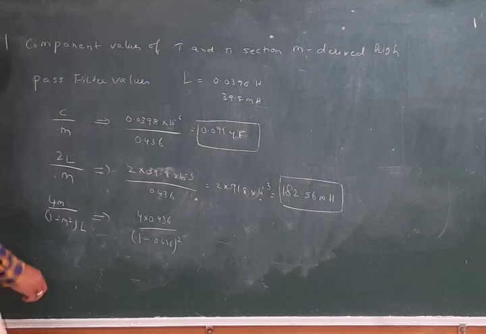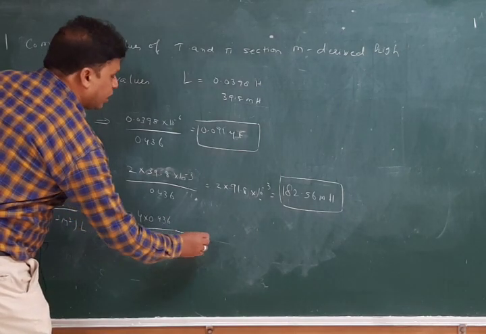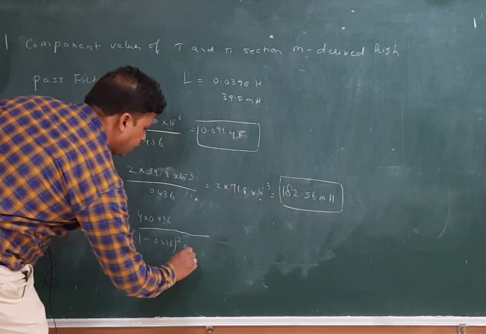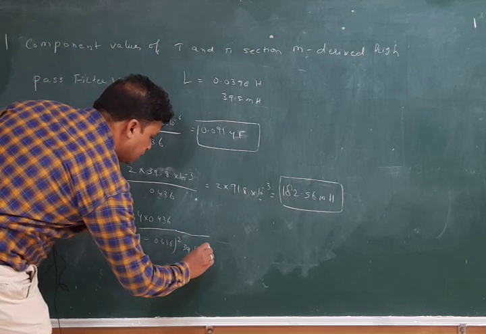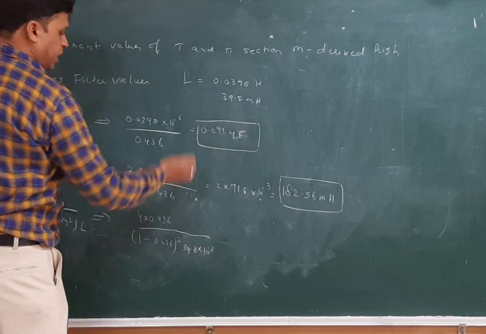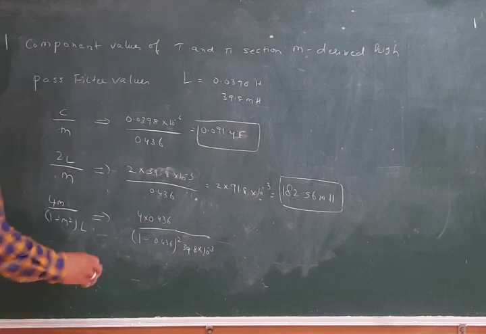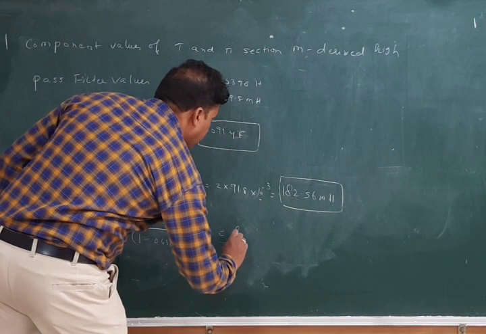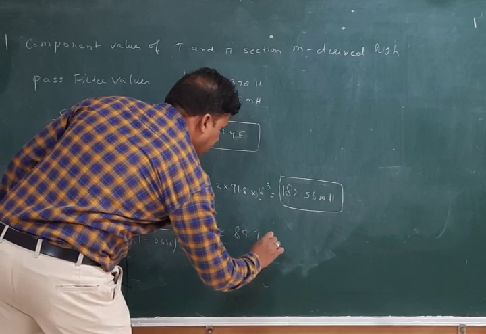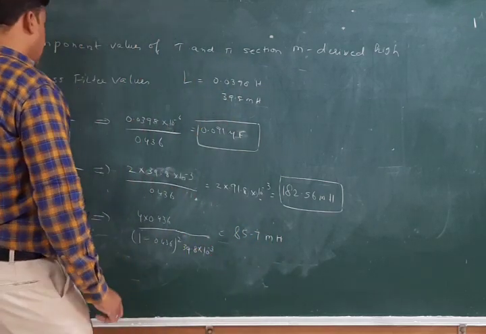Now, this L we write as 39.8 millihenry, 39.8 into 10 power minus 3. So what you get here is 85.7 millihenry.